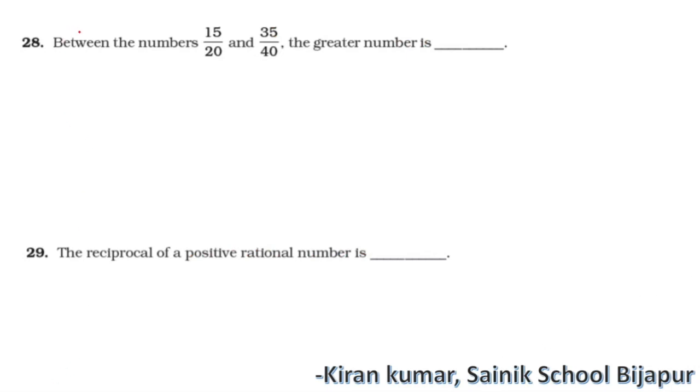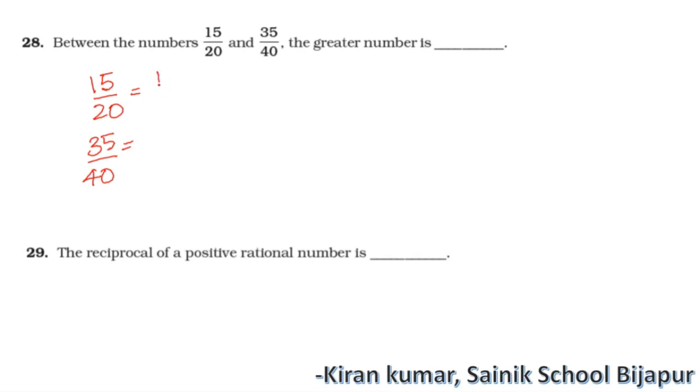28th, between the numbers 15 by 20 and 35 by 40, the greater number is. We need to find out which one among this is greater. For that, I will write the given number. To compare, I should have either the numerator same or the denominator same.